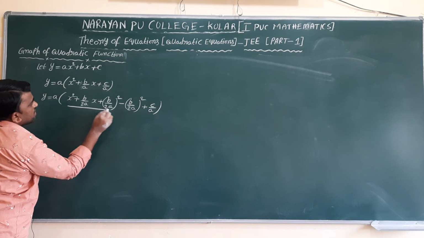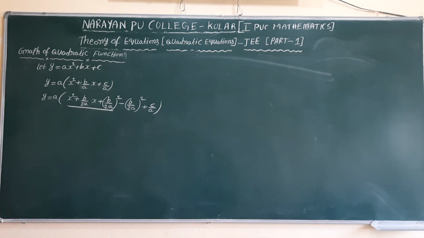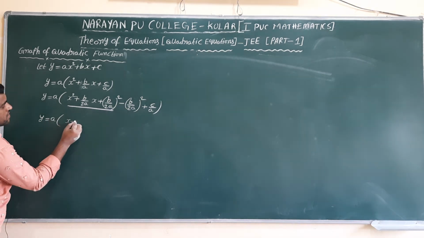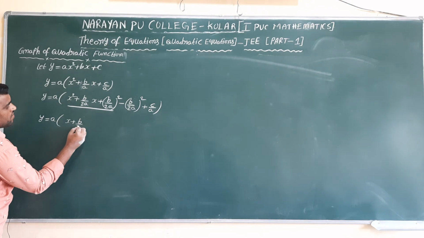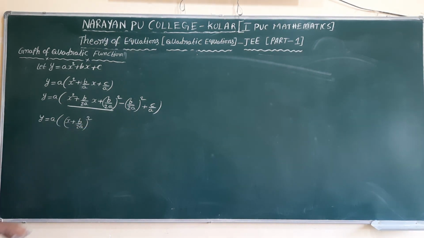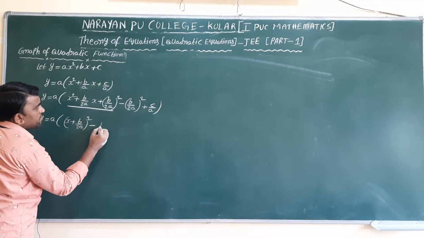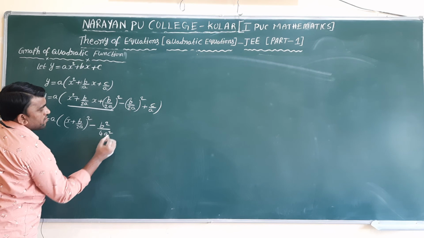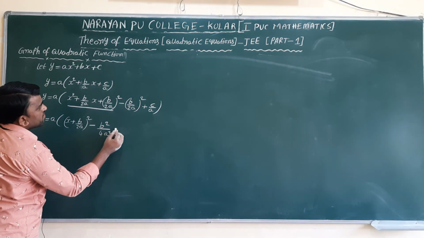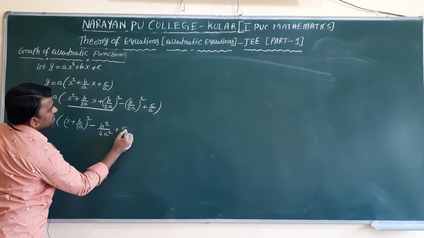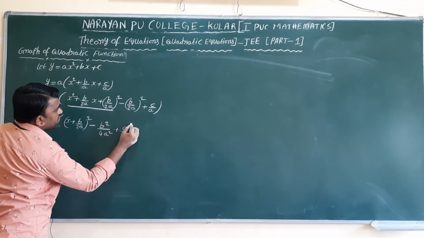Now this is in the form of a square plus b square plus 2ab.